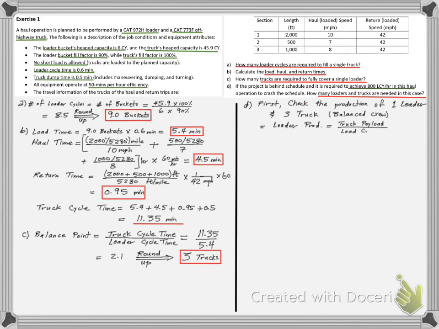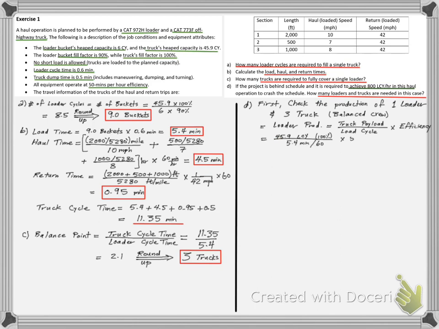As we rounded up our balance point, the crew production will equal the loader production. Big warning here, it will not equal the production of 3 trucks. It will equal the production of 2.1 trucks. This is why one of the trucks will be idle about 1/3 of the time.